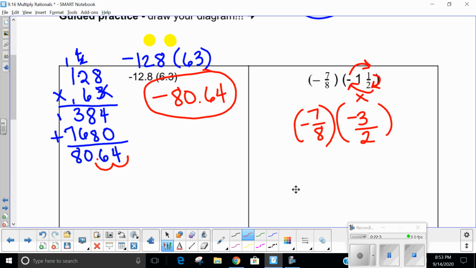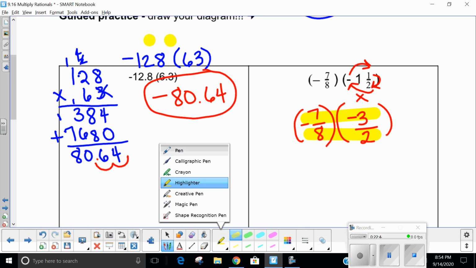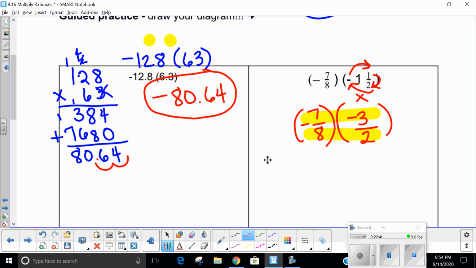So now all we have to do is multiply across the top. So we're going to say negative 7 times negative 3. Then we're going to say 8 times negative 2. And we're going to calculate our answer. So we're going to say negative 7 times negative 3 all over 8 times 2.